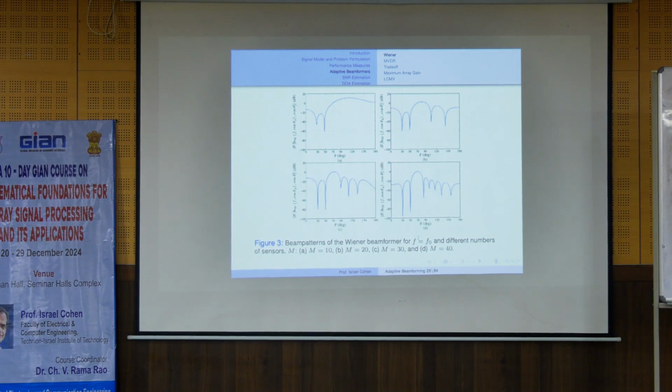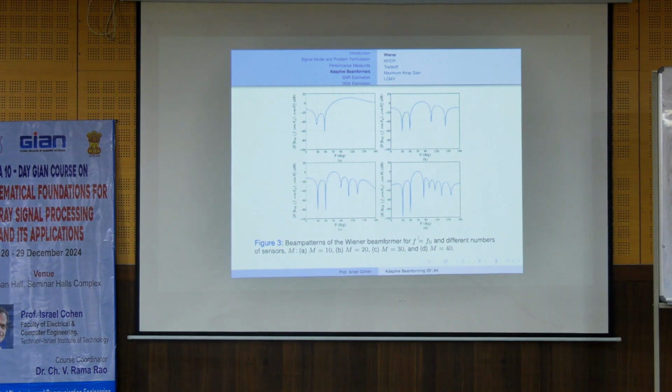But we don't have any constraints on these directions, because it's a Wiener. And we also see that the beam pattern here is larger than 0 dB. So it means that if we have some noise sources that come from these directions, they will be amplified. But we didn't use this information.